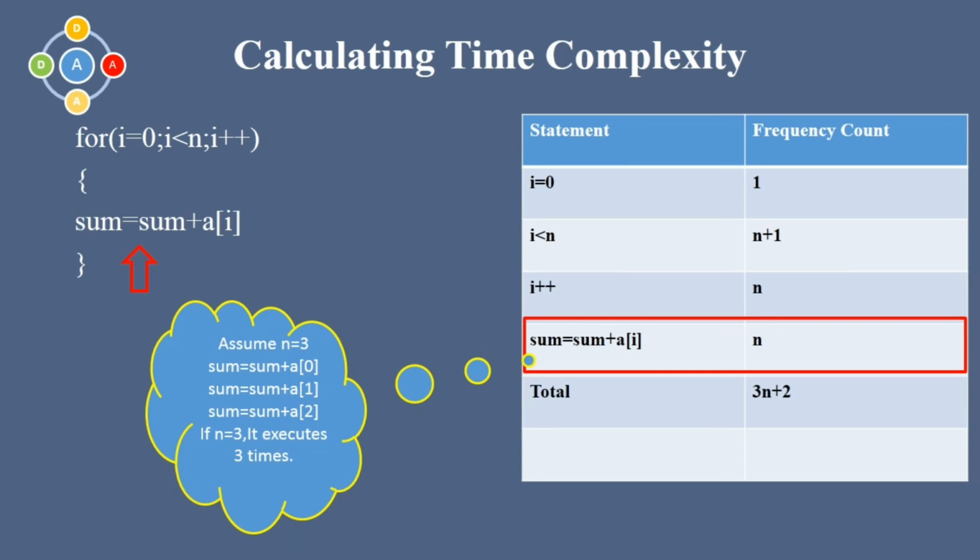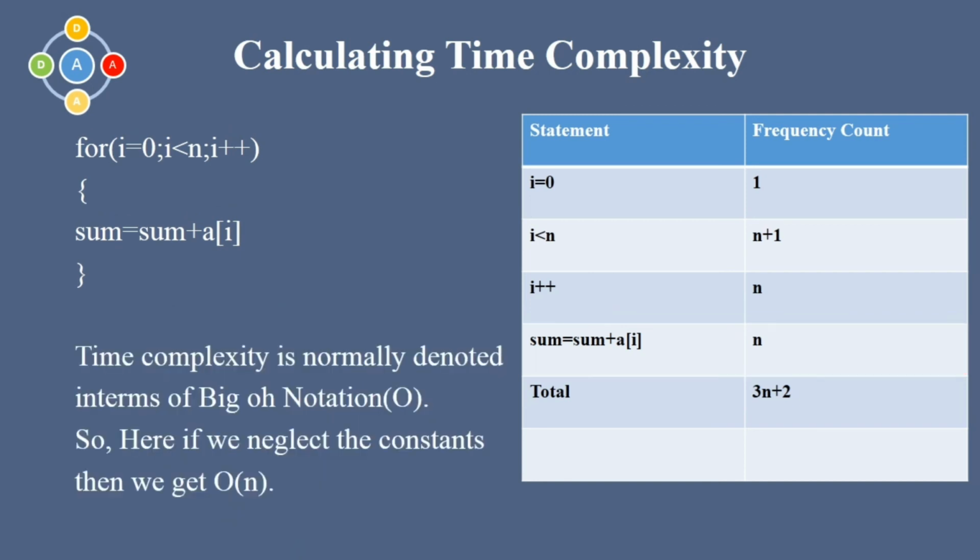Now the i value is incremented to 2, 2 less than 3, yes, condition true. So again we calculate sum equal to sum plus a[2]. After that the i value is incremented to 3, 3 less than 3, condition failed. If n equal to 3, then the statement is executed 3 times. So the general term is n.